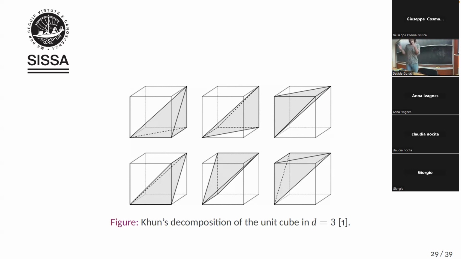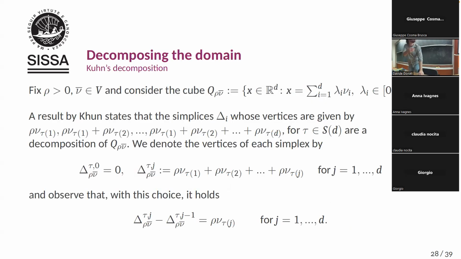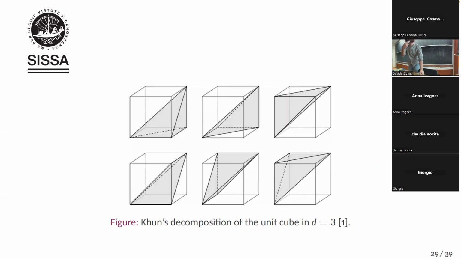So we need a way to decompose general cubes into simplices. This decomposition is given by Kuhn's decomposition, which, here's a proof of Kuhn's decomposition in d equal to 3, proof by picture. But it can be done in any dimension.